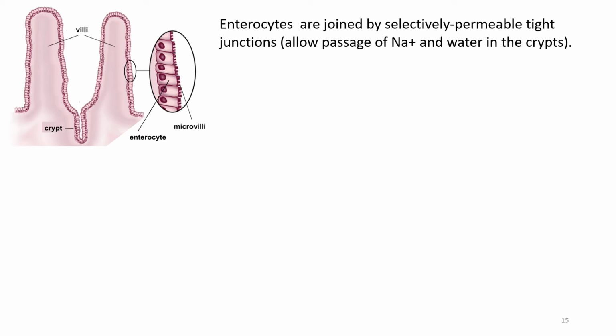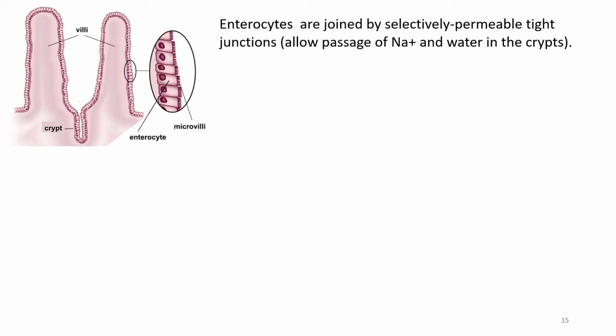So our enterocytes that line the crypts and line the villi are joined, held together by selectively permeable tight junctions. I know you'd think tight junctions, they're not going to be permeable. But in various places throughout the body, tight junctions have to be selectively permeable to allow some things through.